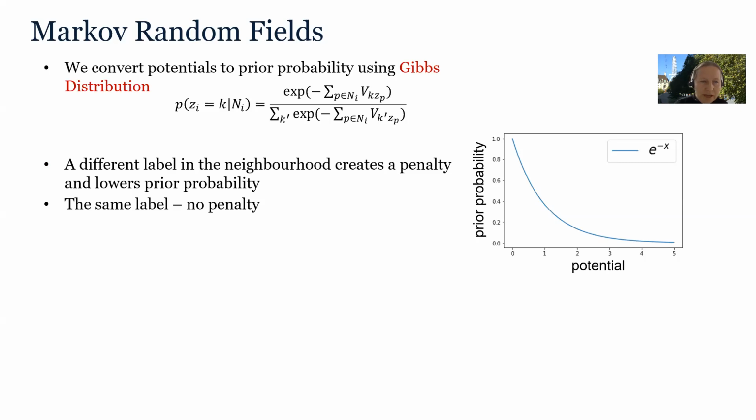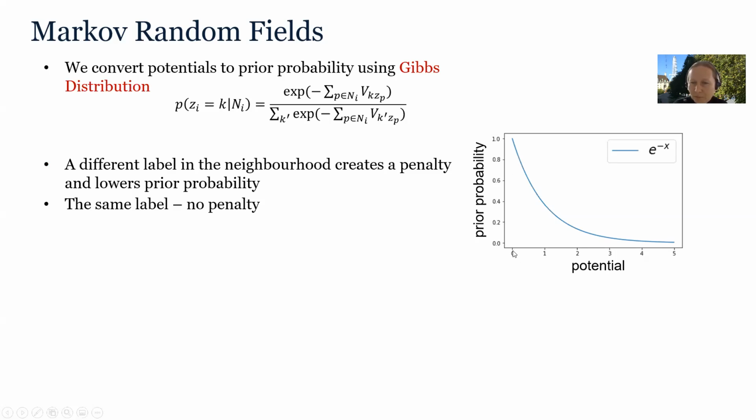Now we need to convert these potentials to a prior probability. First, we sum up these potentials over all the neighborhood, and then we take the function e to the minus x of this sum of potentials. Why do we do that? Because you can see that when the potential is 0, we get 1, so we get probability 1.